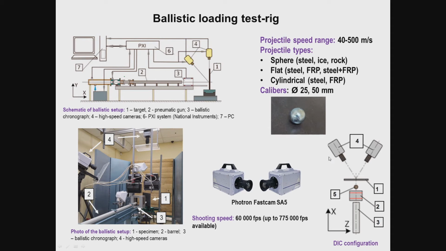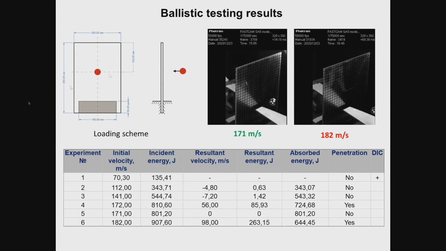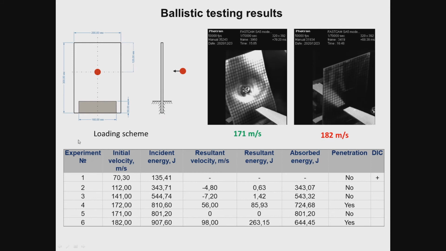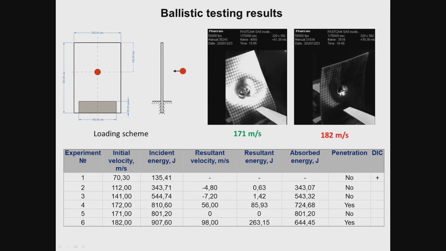The ballistic rig also has a second configuration, when both cameras are located behind the target specimen to perform the digital image correlation method. In this table you can see a full breakdown of the test parameters.